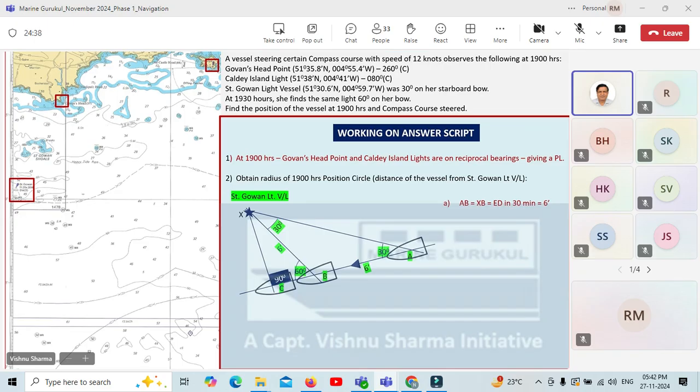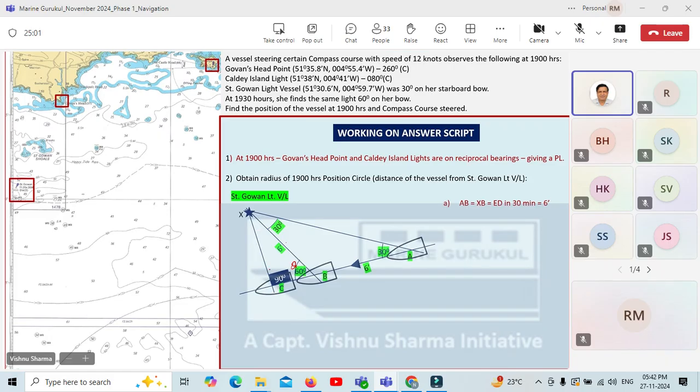Now, if XB is 6 miles, angle B is 60, then in this right angle triangle XCB, we can find out the beam distance by simple trigonometry. This is the theta, 60 degrees. This is the perpendicular and this is the hypotenuse.